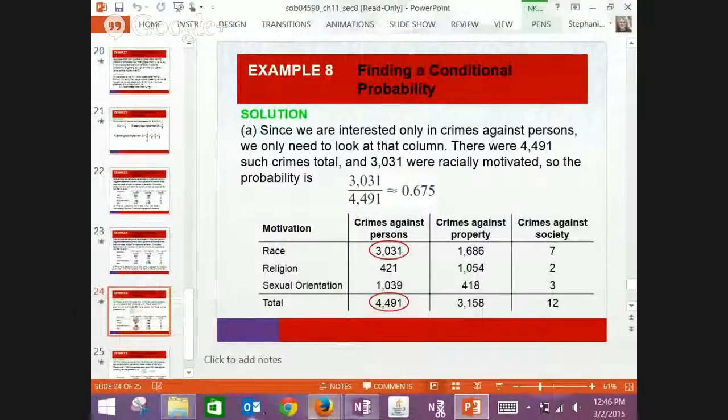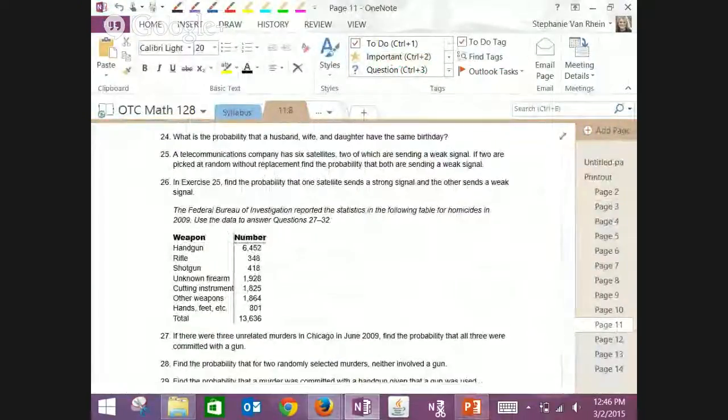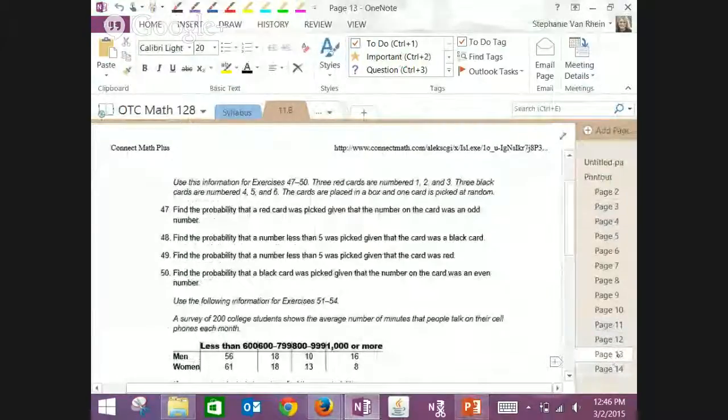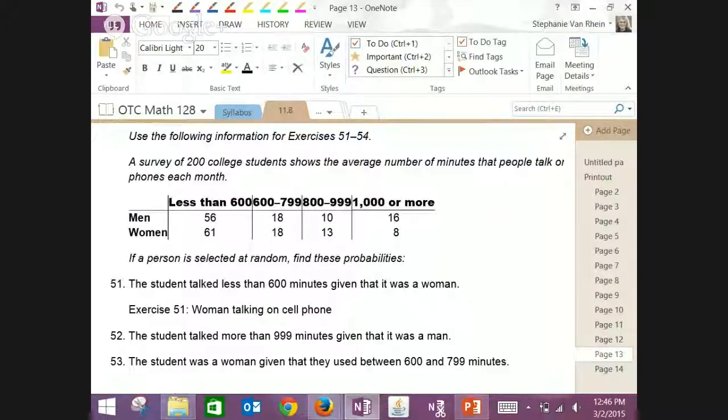So if we look at the homework from this section, a lot of them will have tables. A lot of times it's men or women. I think you do this example. This has to do with minutes on cell phone usage. So the categories are less than 600 minutes, 600 to 800, 800 to 1,000, or more than 1,000 minutes.